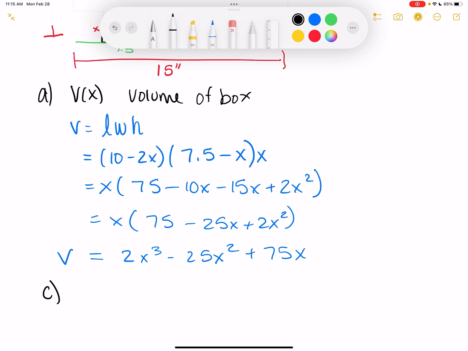On your calculator, you're going to graph this function in y equals, and you are going to have to change the window of your calculator to get it to fit.